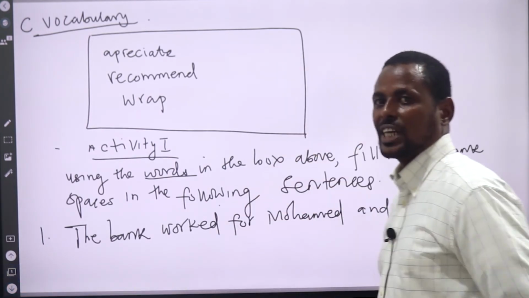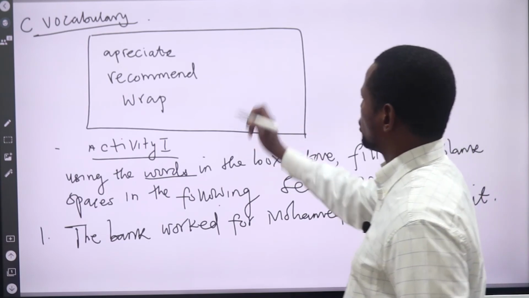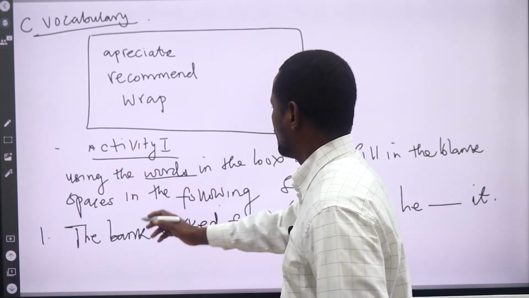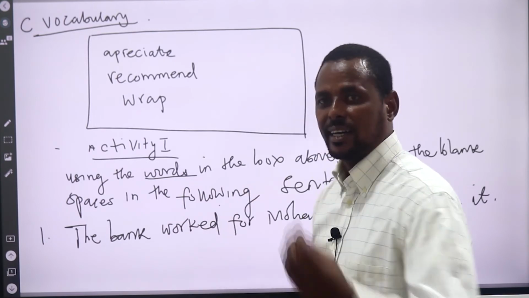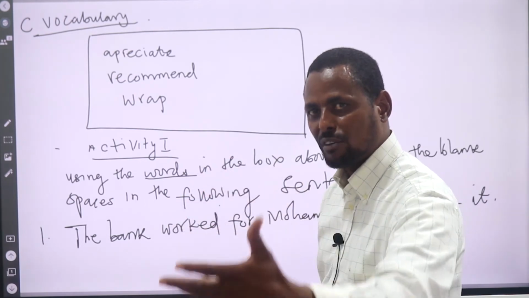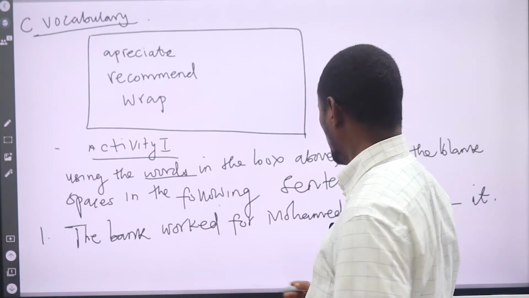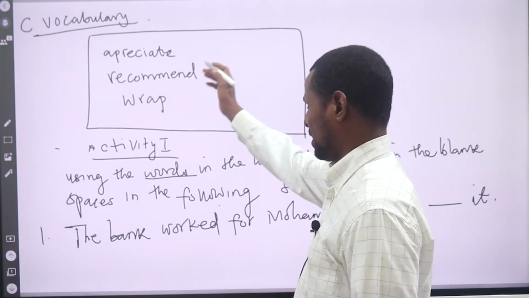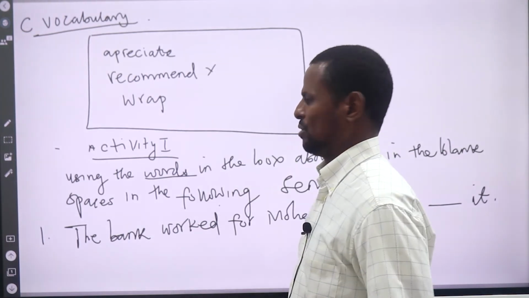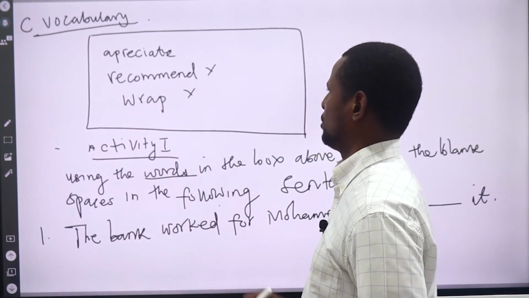So then the student writes for you. Which one is he going to choose? The bank worked for Muhammad. Bank, we know where we put money. We save our money in the bank. They work for us. Recommend, I think no. Wrap, definitely this will not fit.